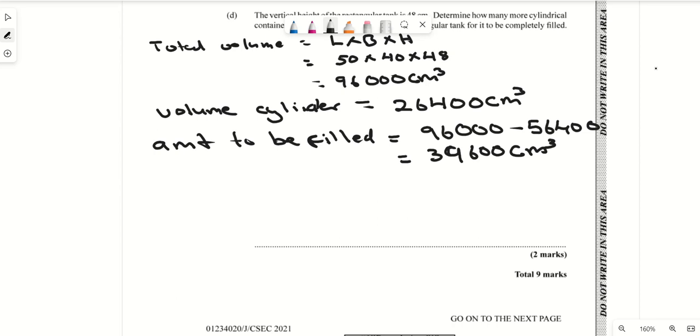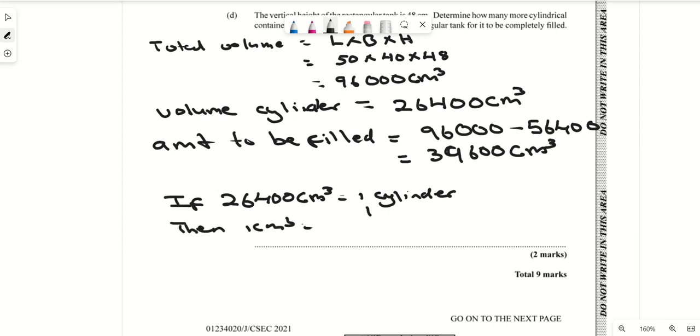Now we want to find the number of cylinders. We know that if 26,400 centimeters cubed is equal to one cylinder, then 1 centimeter cubed would be 1 divided by 26,400.